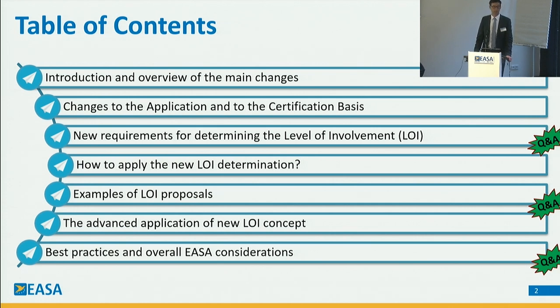We will see some examples that we have seen during the advanced application phase to make it more visible for you, a short overview of what we did, some best practices and overall EASA considerations. And again, if you have any questions, just ask, interrupt. And if I'm too quick, interrupt me as well.